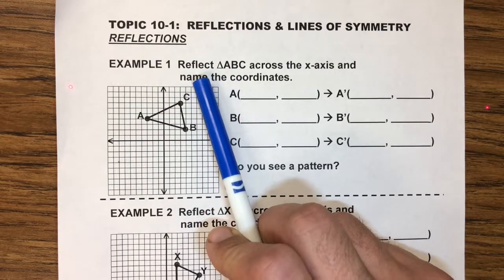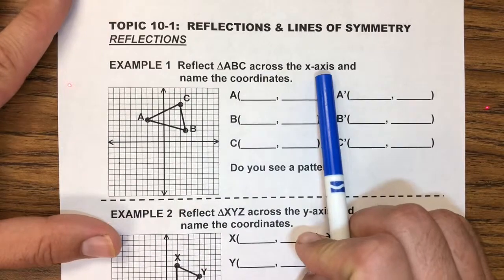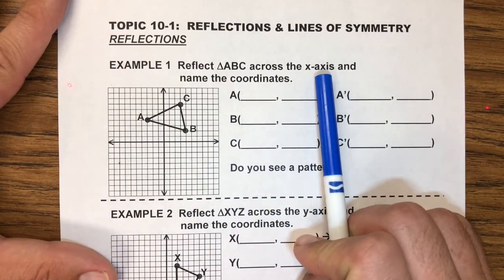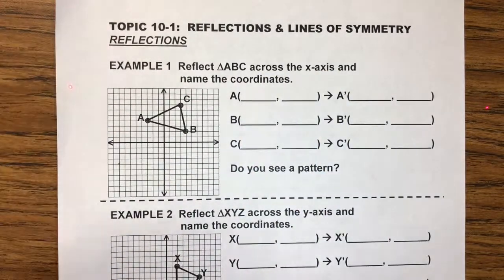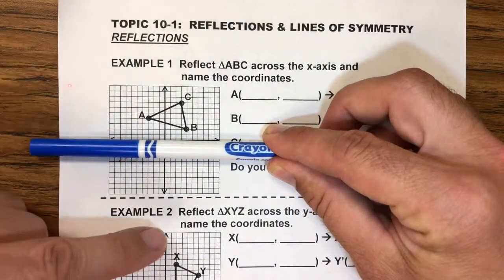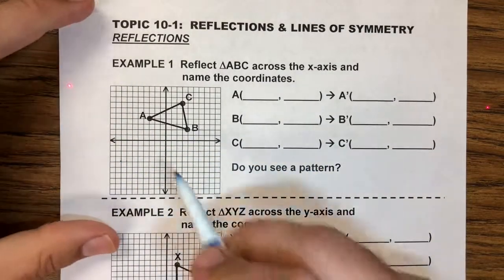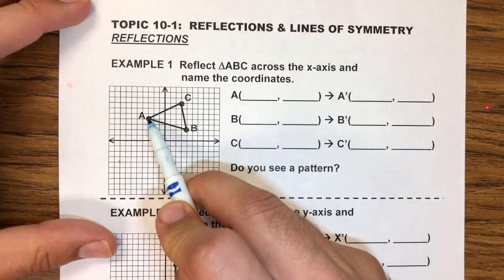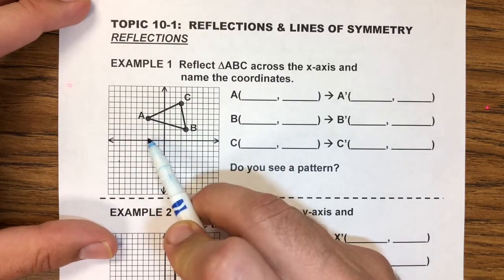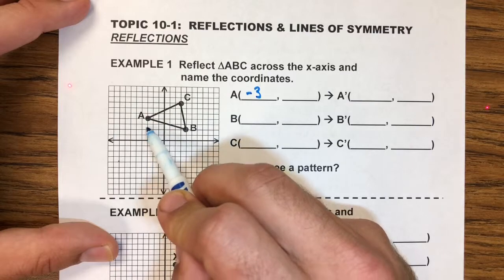And just like you reflect your image off of a mirror, we're going to treat the x-axis as our mirror, and we're going to reflect across. So everything that's above the x-axis is going to be reflected below it. So what we're going to do first is look at what the points are. A is at -3, and then up 1, 2, 3, 4.